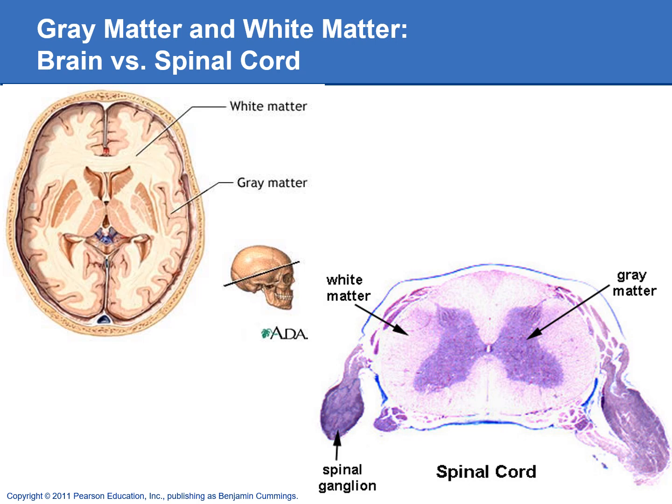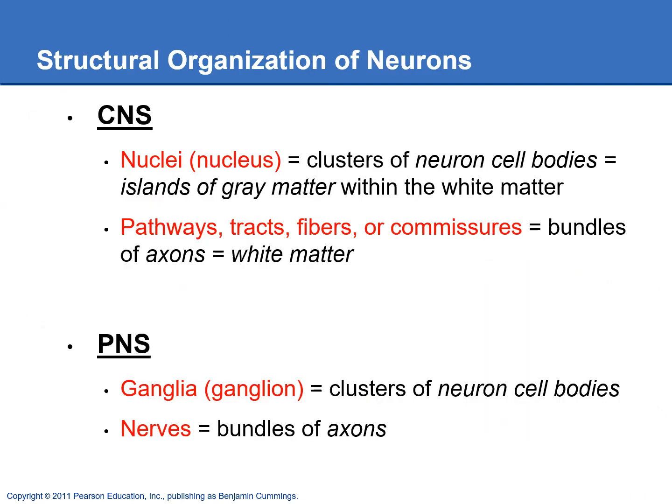The spinal cord is just the opposite. The gray matter is on the inside and the white matter is on the outside. And then just a couple of other terms. In the central nervous system, a cluster of neuron cell bodies, which remember do not have a myelin sheath on them, would make up little islands of gray matter inside the white matter.